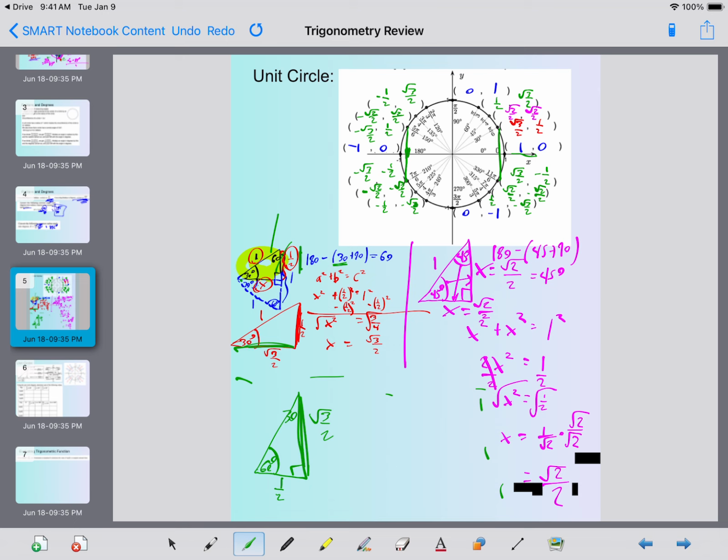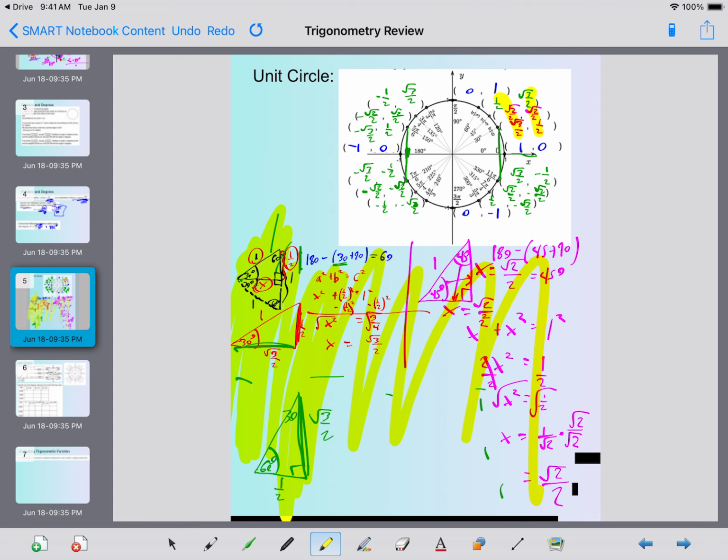And look at that. You could either memorize it 3, 2, 1, 1, 2, 3, or you could do all this work, derive it, and then use the reflections to find the rest.